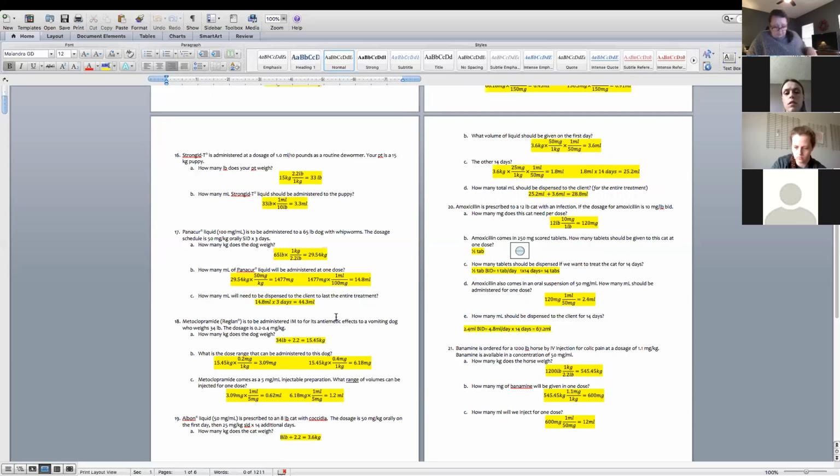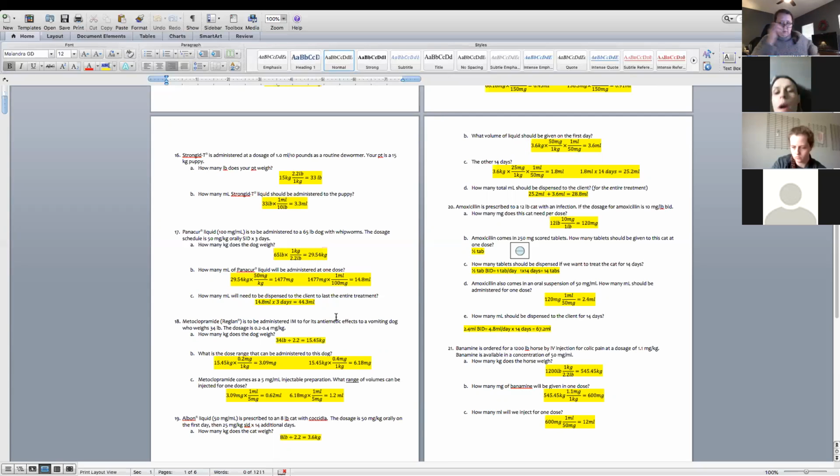Sometimes it's very simple to calculate one thing and just give me milligrams. But in a whole story problem, the doctor's going to give you that dose, and the end result is sending pills home with the client. So how do we figure out?